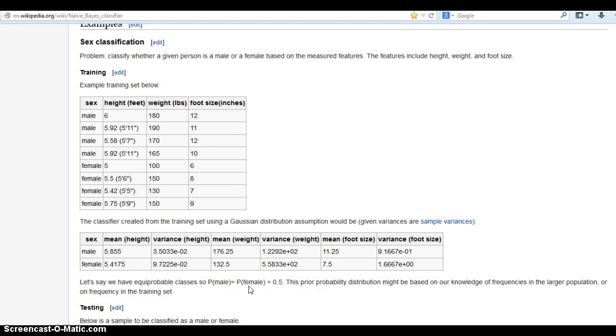This is the naive part of the Bayes classification. We're assuming that we can only get a male or a female from these test samples. So there's not going to be a random sample of a cat image being run through this algorithm. We're just looking at human beings, and there are only 2 options.